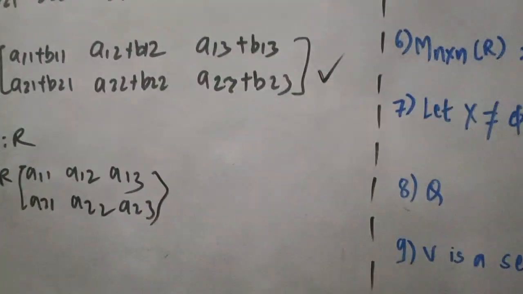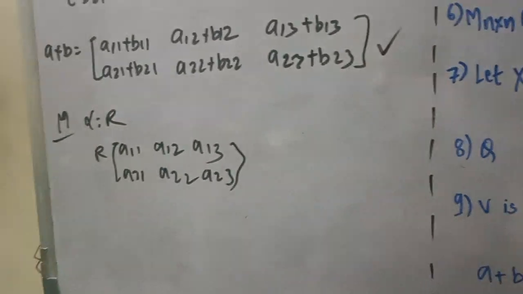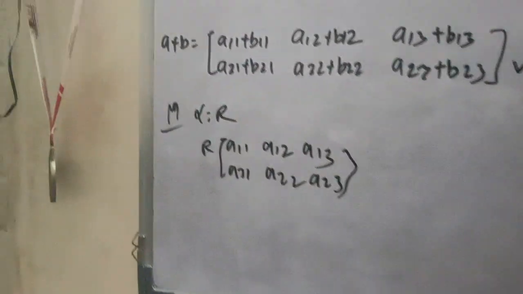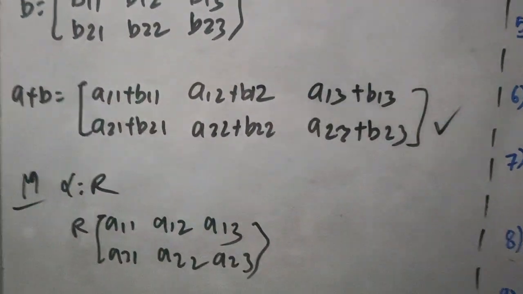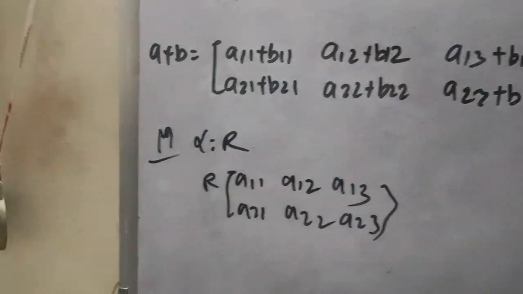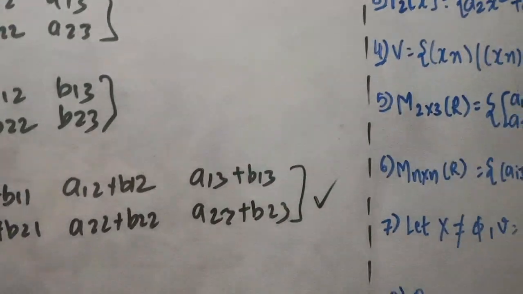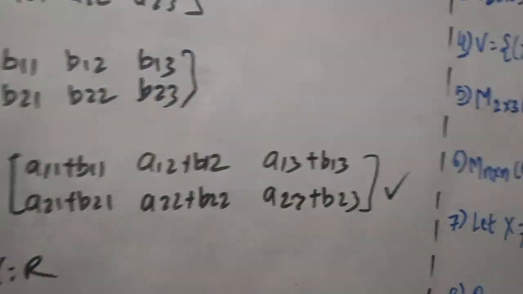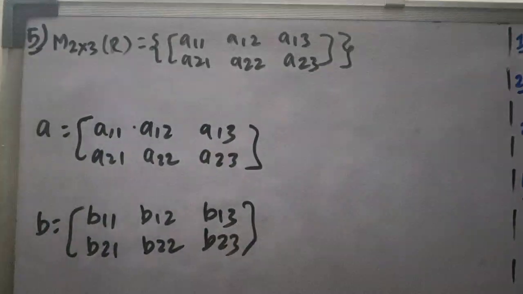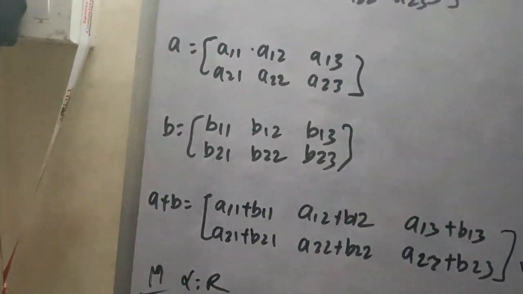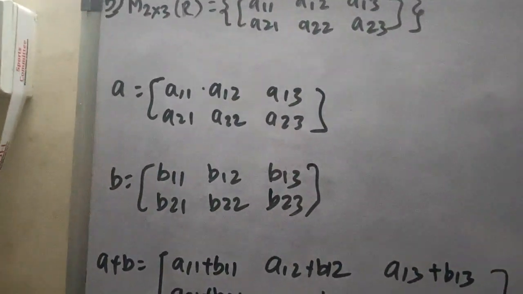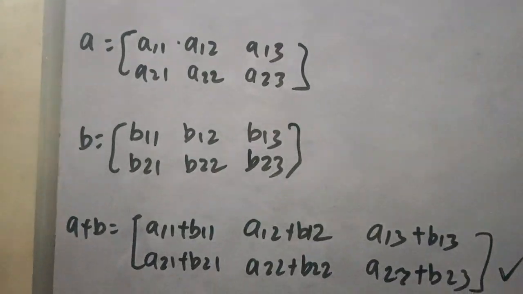Okay, I hope you guys are solving this question. When I say that addition and multiplication are satisfied, what I mean is the other conditions are already satisfied. All you need to do is focus and use your brain.